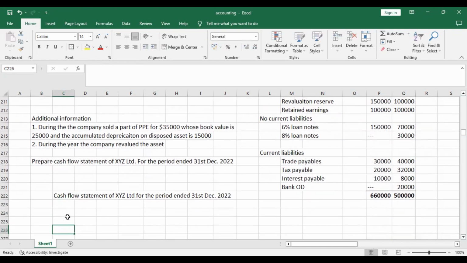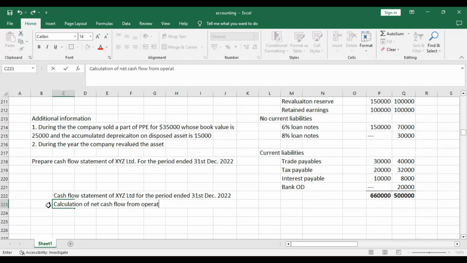What is the first element? We know very clearly the first element is the net cash flow from operating activities.